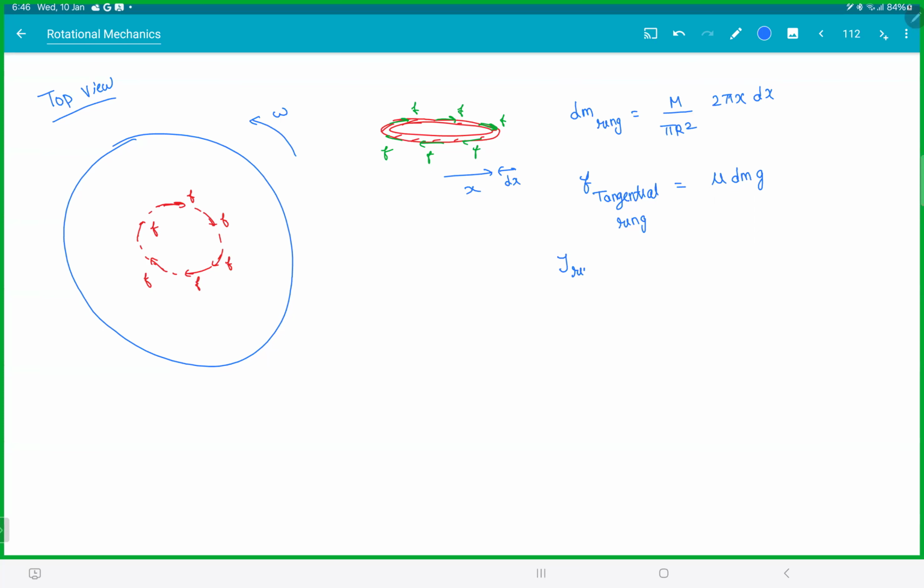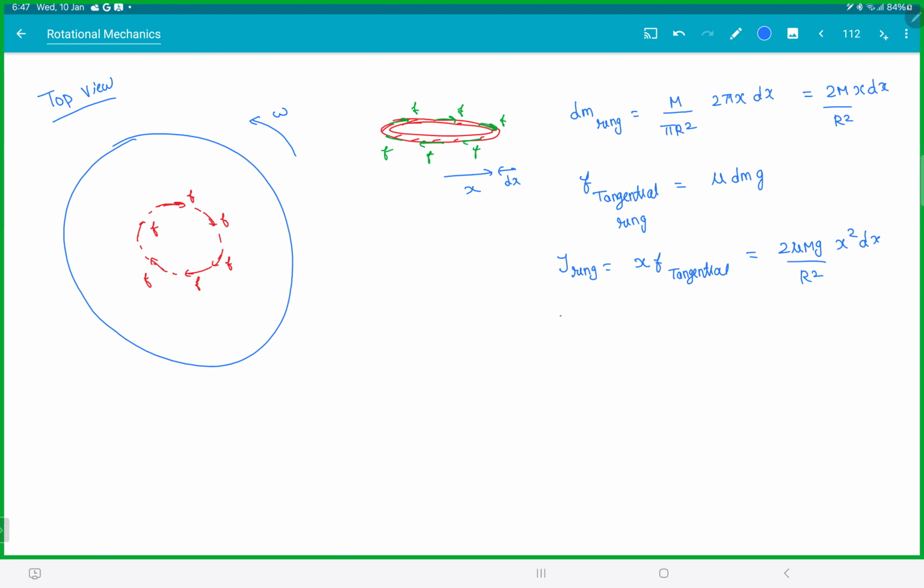So torque on the ring will be x into friction tangential again. That's why I'm writing tangential. Don't write friction on the ring, that will be 0. So this would be 2 mu mg x square dx by r square.